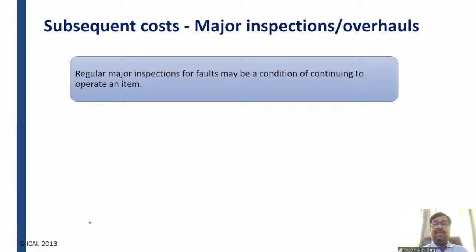If this airplane crashes, or if there is any problem which arises in the airplane, of course, it would be highly risky, right? It would be a high risk. You cannot expect that anybody will survive if the plane crashes, right? So in some industries, regular major inspection for faults may be a condition to continue to operate an item.